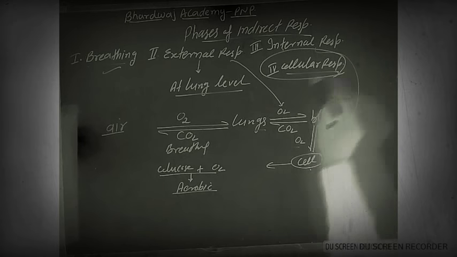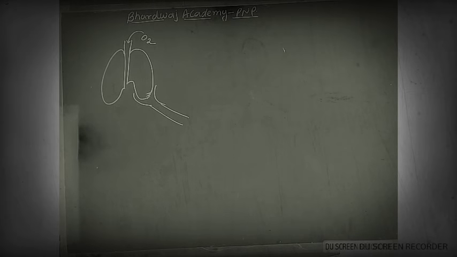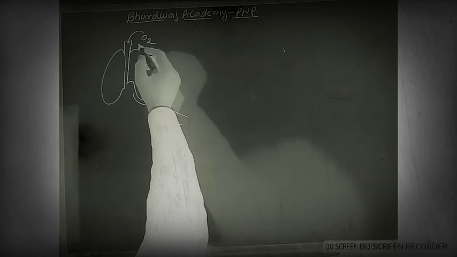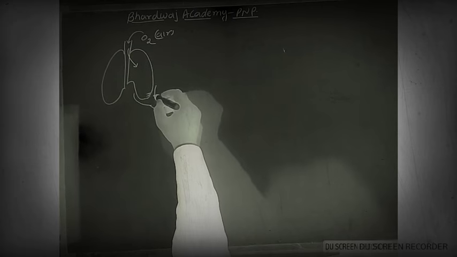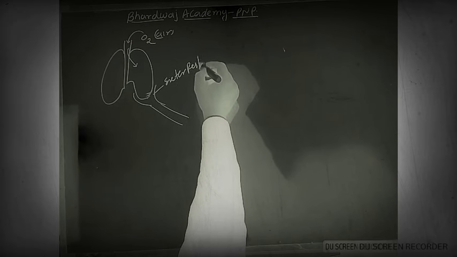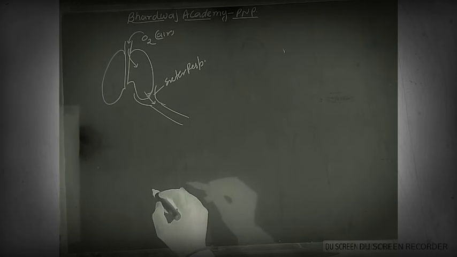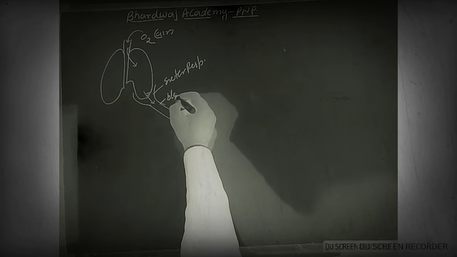Then we discuss cellular respiration. In case of respiration, there are four phases. Breathing involves the entry of oxygen from the air to the lungs, and the second one is external respiration, which involves the exchange of oxygen and carbon dioxide at lungs level. In this case, oxygen enters into the blood.